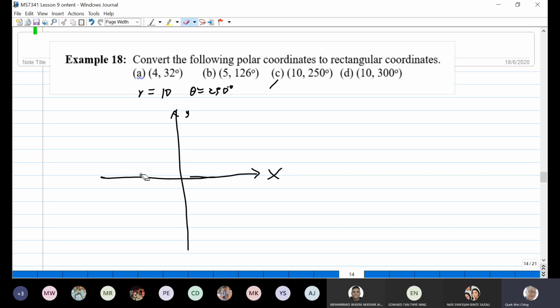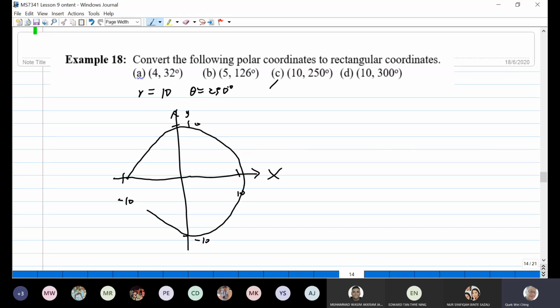So I have a 10 here, and 10 here, and 10 here, and 10 here. So you can draw a circle with this 10.